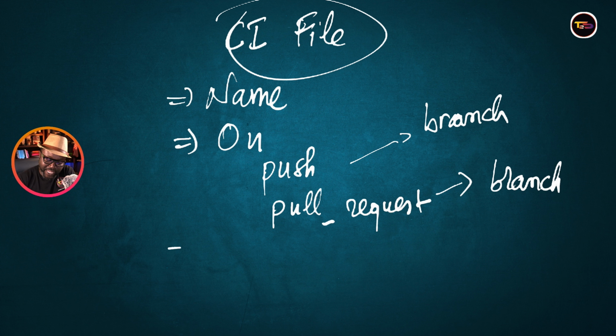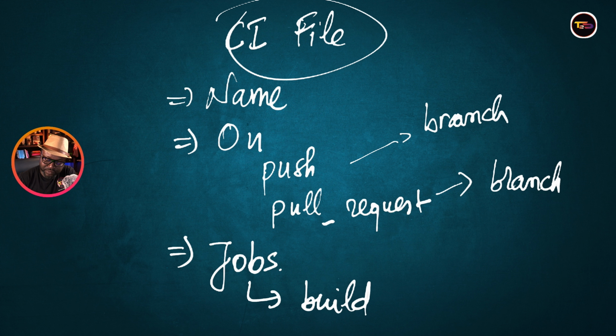And then after doing that, these events will trigger jobs, and the jobs, this is where you have the build, you have the test, you have the deploy, and so on.